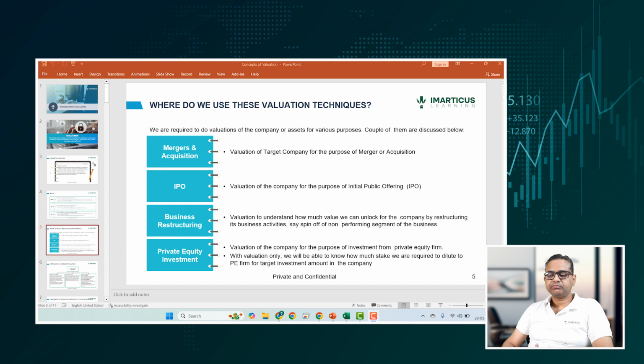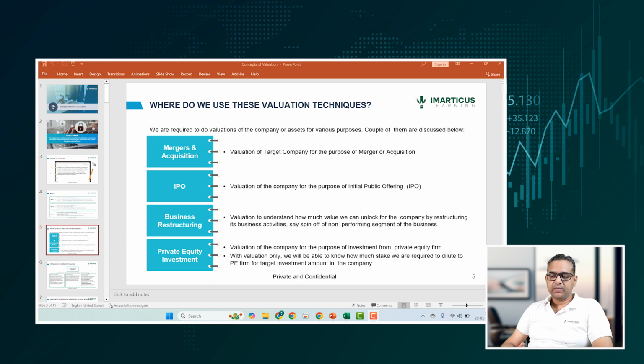So that is where valuation comes into play, how can we increase the overall value of the firm, and that might include doing business restructuring also. So in such cases also valuation techniques are employed.